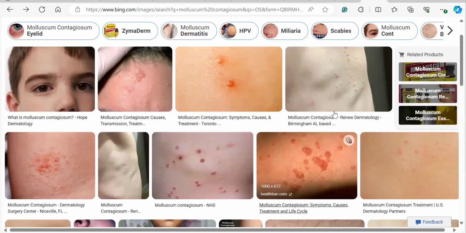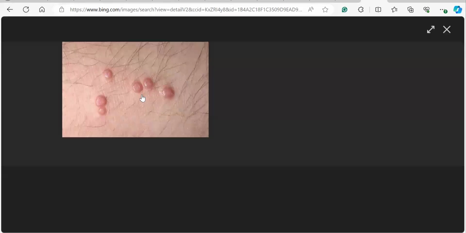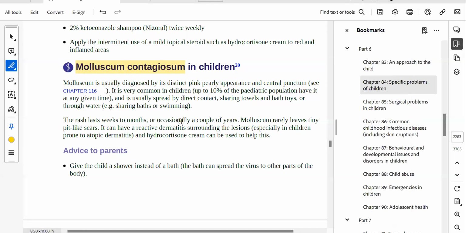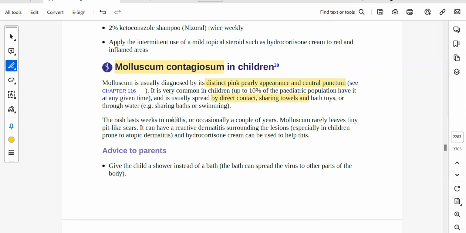So if you see this pearly growth on the skin like this, that's what we call molluscum contagiosum. It has a typical pink pearly appearance and a central punctum. Very common in children and spread by direct contact, sharing towels, etc.